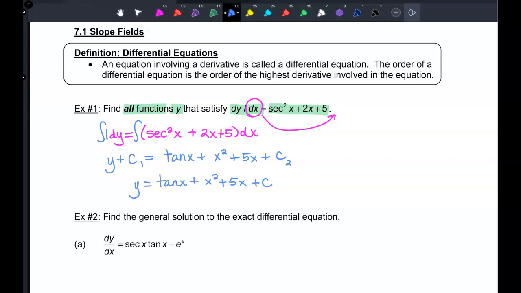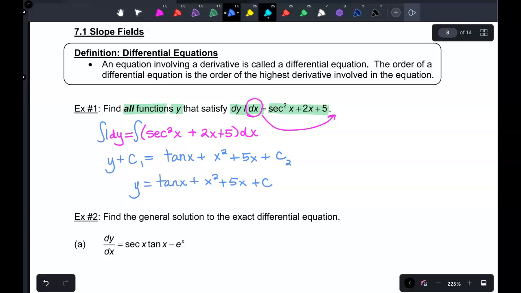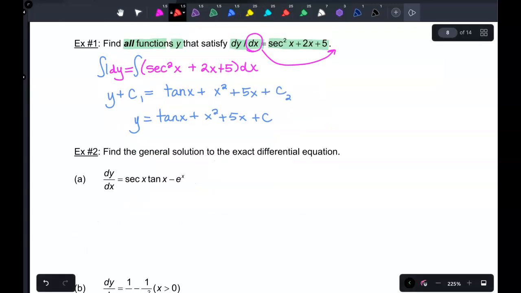Now, in the future, I don't want you to put a plus c on both sides. I just want you to put the plus c on one side and not bother with this. So all functions y. I want to end up with y equals a function. So this is my answer.